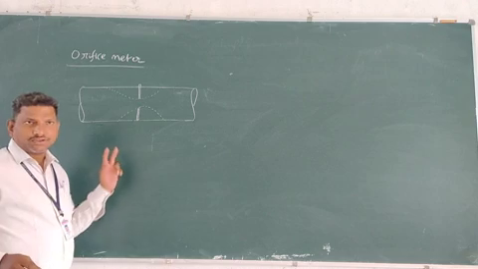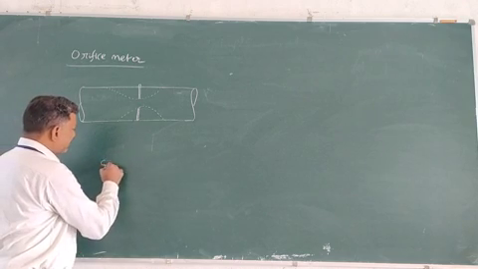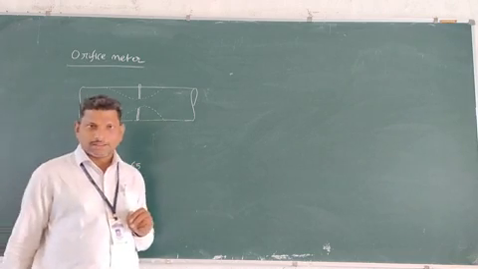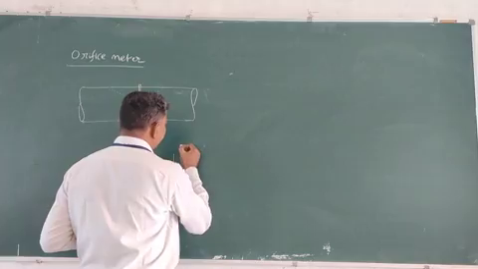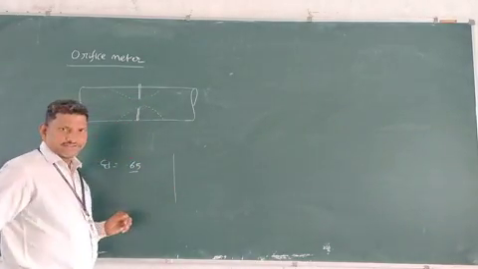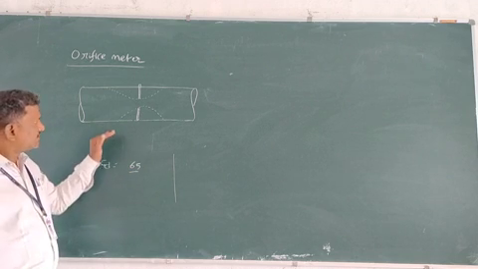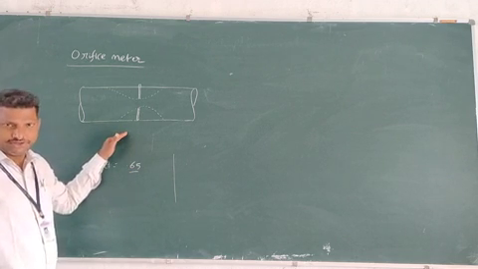For the orifice meter, coefficient of discharge is around 65%. The coefficient of discharge for the venturi meter is 85%. Why is this much reduction taking place in the orifice meter?